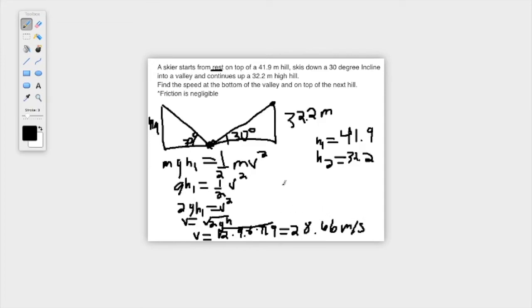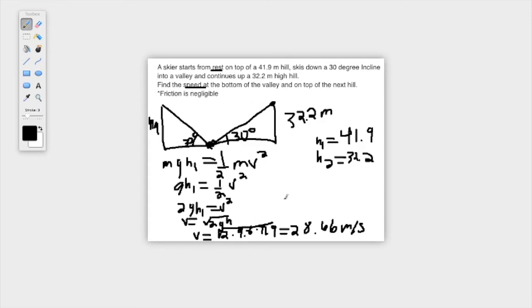So then we're trying to find the speed on the top of the next hill. So what I'm implying is it's not going to be at rest. So it's going to have both gravitational potential and kinetic energy when it reaches the top of the next hill.